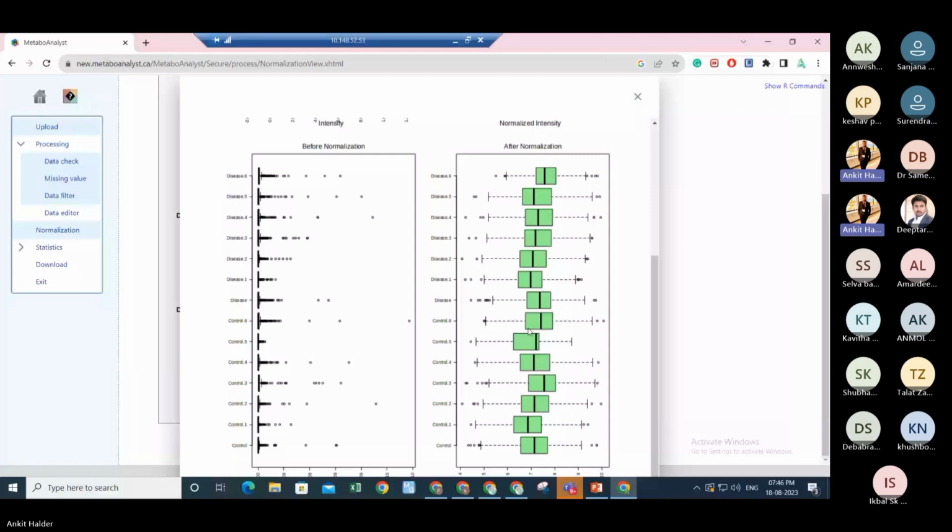If you use other sets of normalization and imputation, what is the effect on your data set, and what type of data do you get from it? All of these things, in a real experimental scenario, give us these profiles, and we need to address them before going for further analysis.